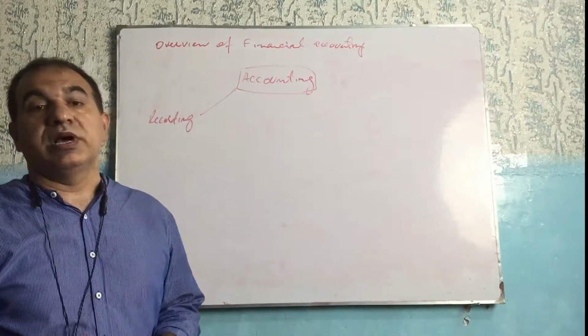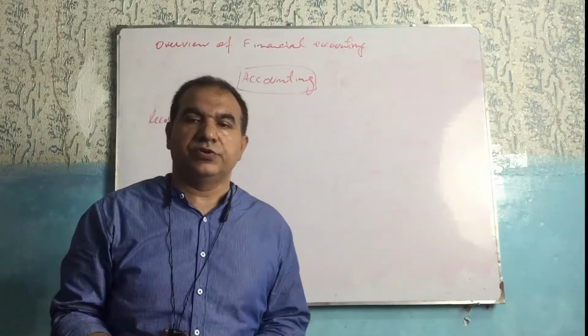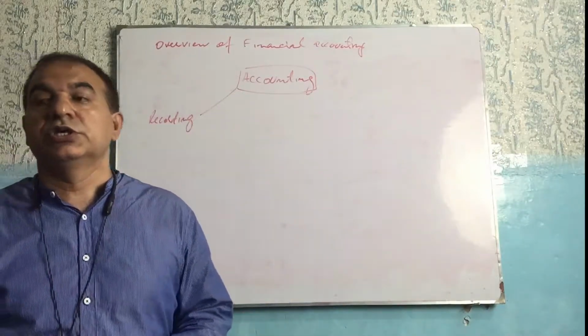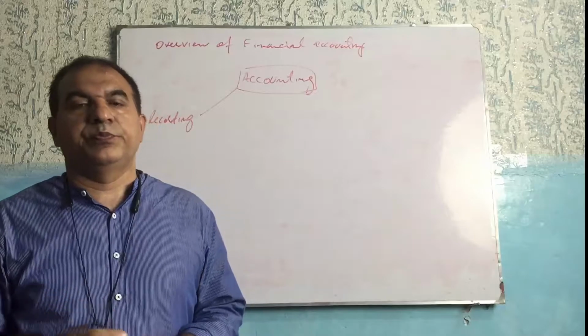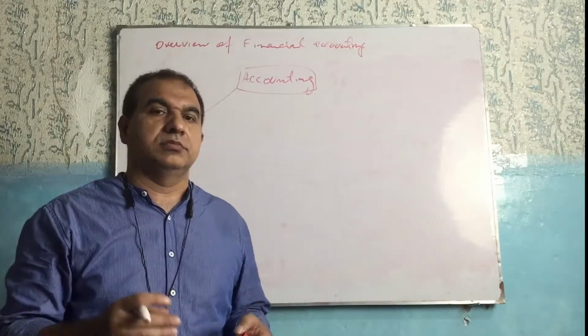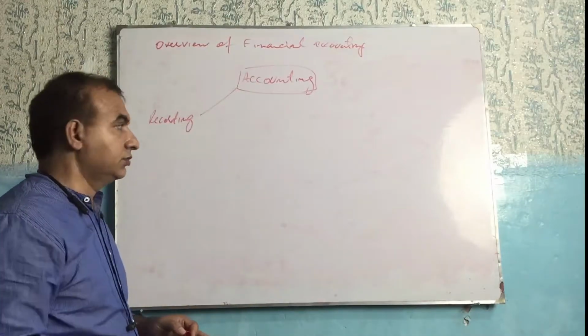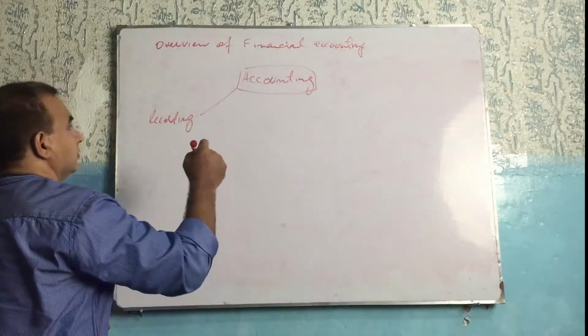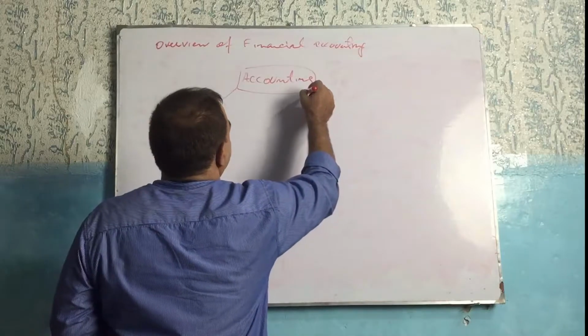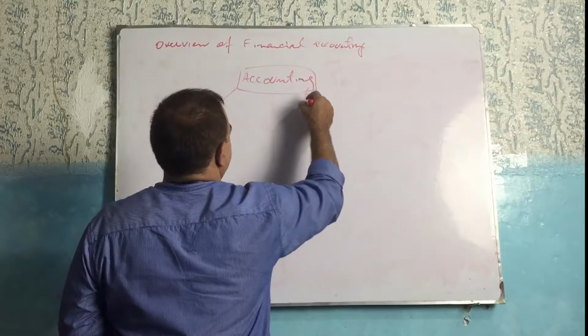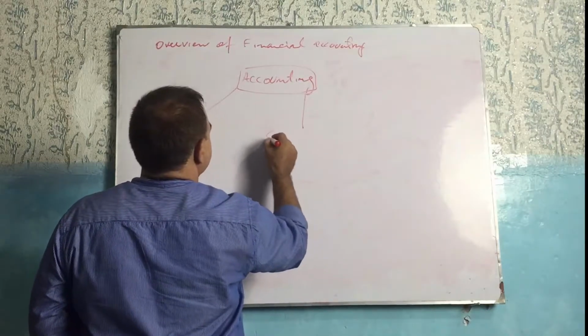Like you buy stationery to start up your business or your office, or you go for a big investment and buy a very expensive piece of land or building, you need to keep a record, because without a record you cannot do accounting. So once recording is done, the other part is summarizing.